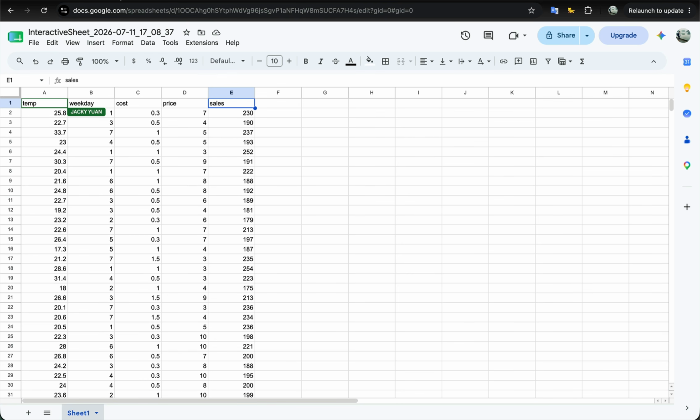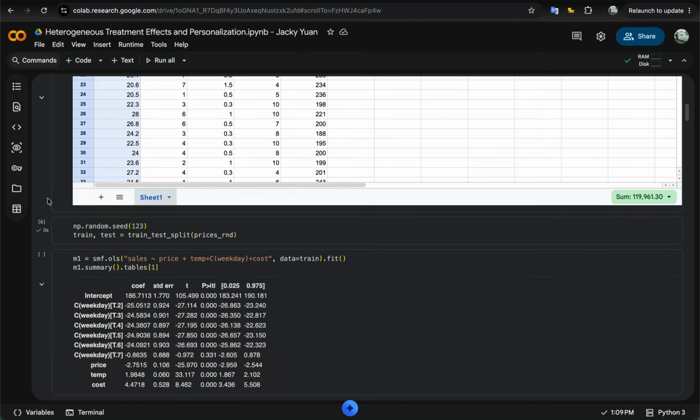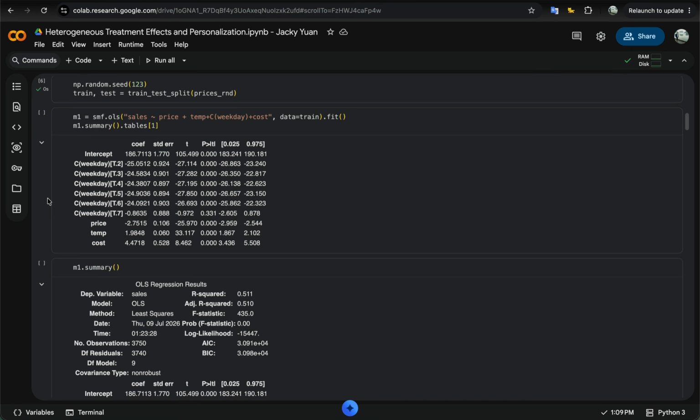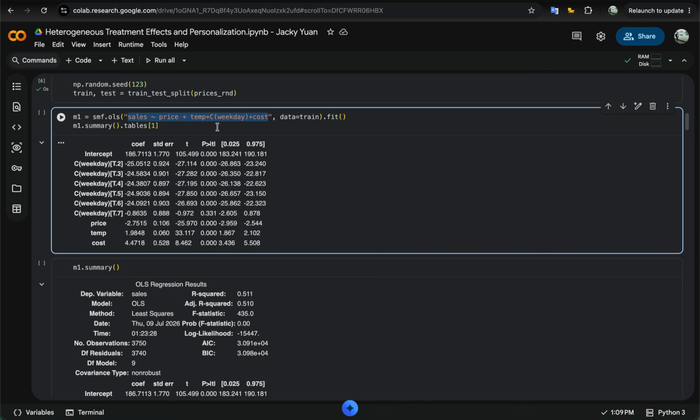And let me go back to my notebook. We're going to run a very first simple regression model.